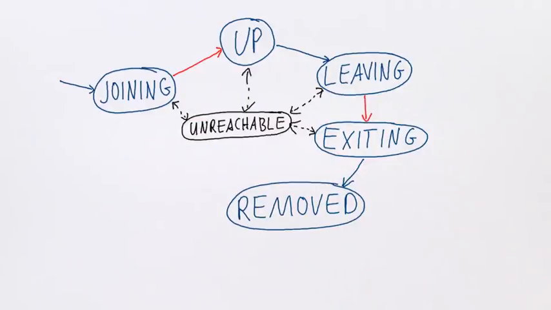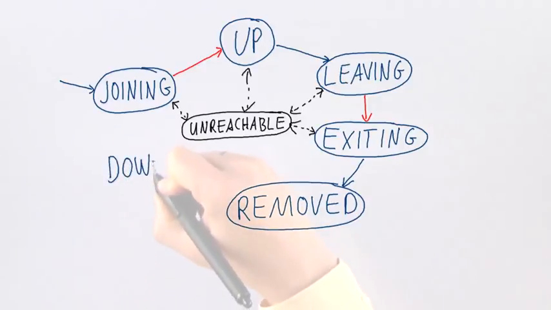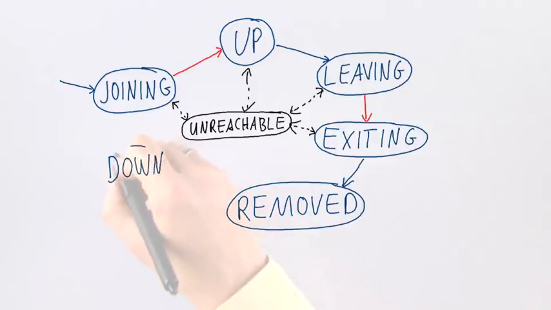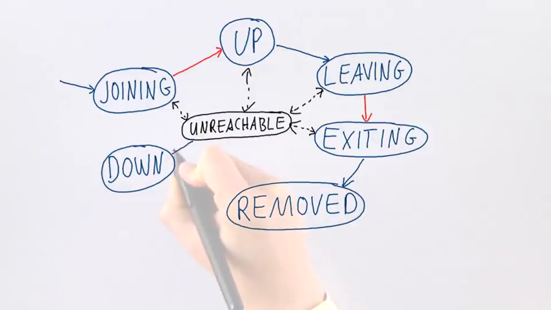In order to form a new cluster without the unreachable node, that node needs to be communicated that it is leaving. But it is not the same kind of leaving as we've seen over here, because the node went down. This transition here is a policy decision, because you cannot in all cases say whether the node is really down or whether it is transiently unreachable, whether it will come back.